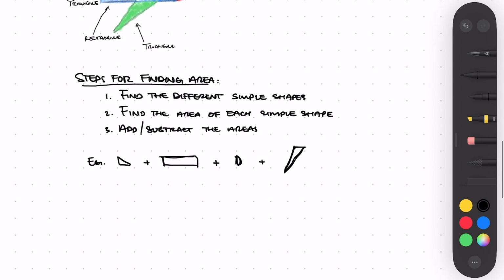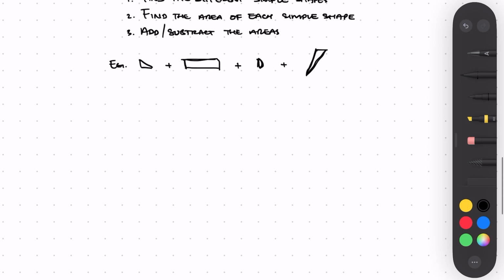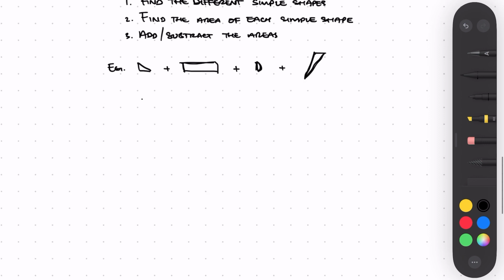So when would you need to subtract these areas? Well, you will need to subtract if you get a gap in the picture. So let's point that out. I will say subtract if you see gaps.